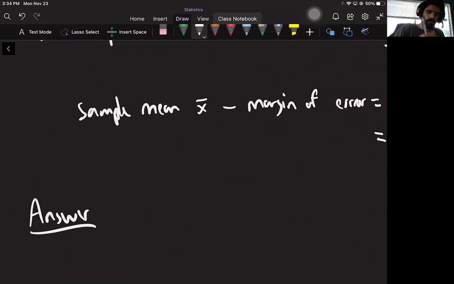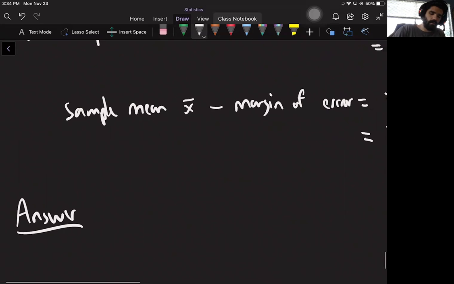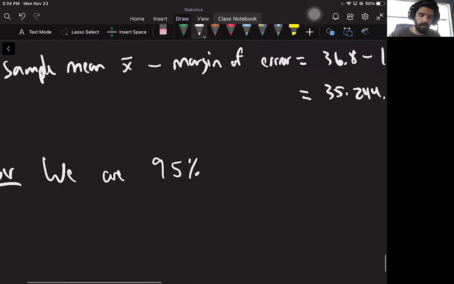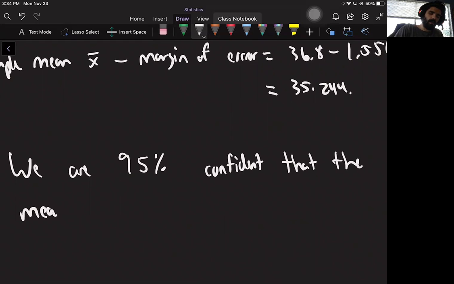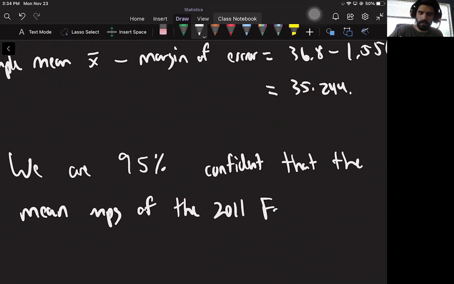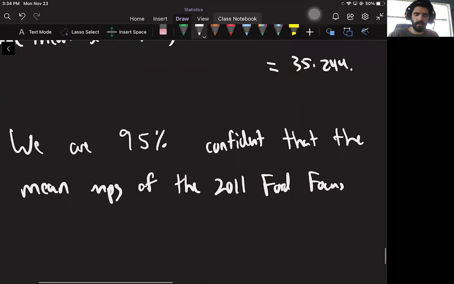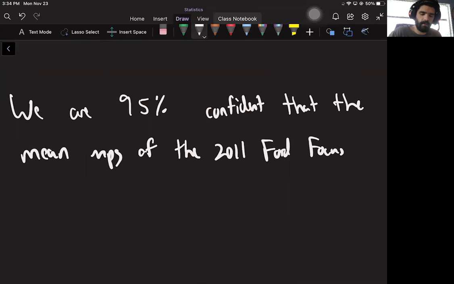Then we just have to answer this in context in a very statistician-y way that people like to say. So here's the actual answer to the question once you've done all this work. We are 95%, because that's what I changed it to, instead of 99, we are 95% confident that the mean MPG of the 2011 Ford Focus, so you see the idea was we're trying to figure out how to estimate the actual mean so that we're 95% confident that that actual mean is between these two numbers.